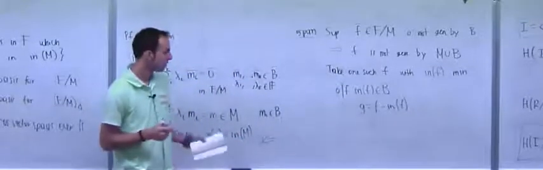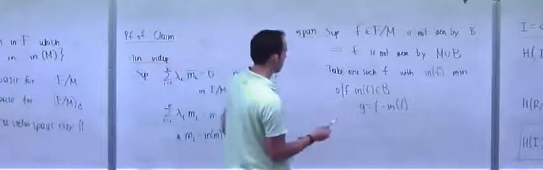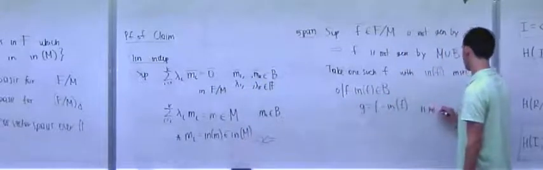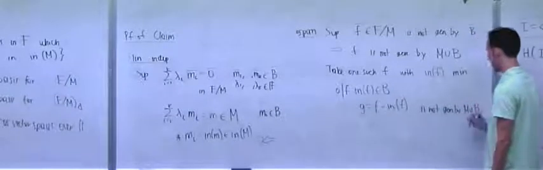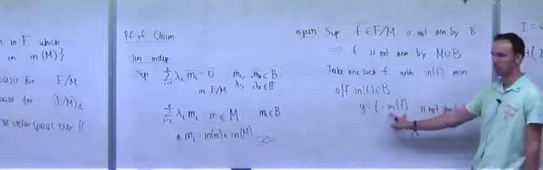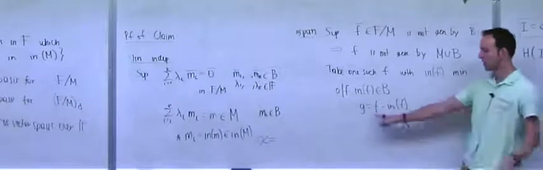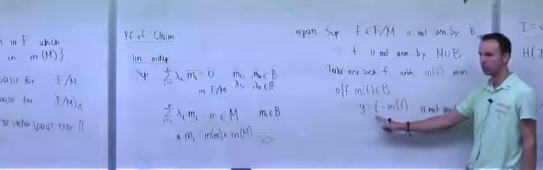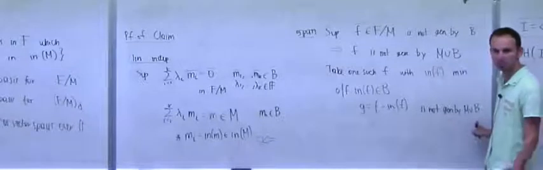This cannot be generated by M union B, because if it were, I could add the initial term of f to it, which is in B, and I would have generated f. So if I can't generate f, then I can't generate g either. So g is not generated by M union B.